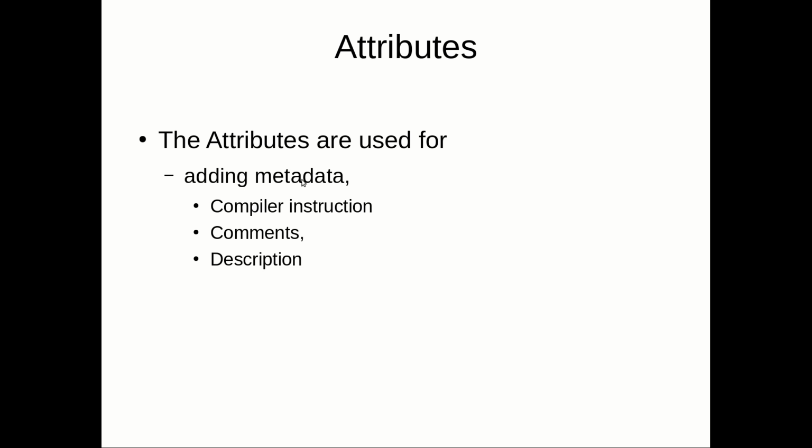Or you want to add metadata, something like you want to describe the class, you want to describe the method, then for that also you can use the attribute. So in general, you can say attributes are used for adding metadata such as compiler instruction, comments, or descriptions for any kind of element in a program. The element can be a class, or it can be a method, or it can be an assembly, or it can be a structure, enumerators, etc.